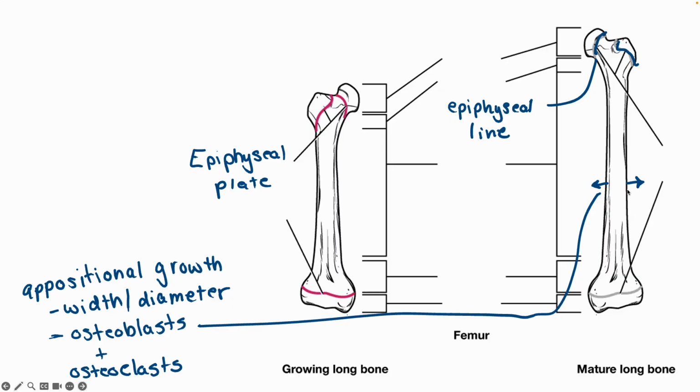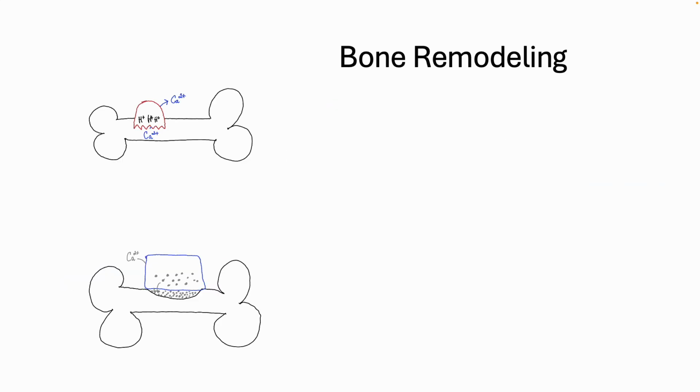This is going to be a balance between the actions of osteoblast and osteoclast. Generally speaking, more building than breaking down is typical. This results in a thicker, stronger bone, but keeps them from getting too heavy.